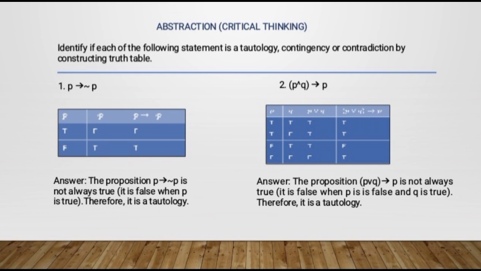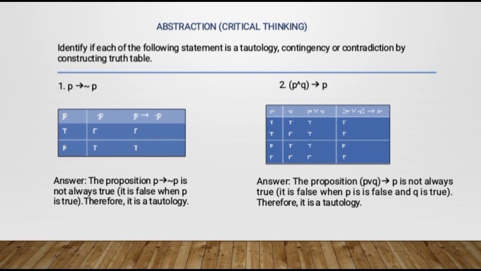Number 2. Open parenthesis P conjunction Q close parenthesis implies P. P: true, true, false, false. Q: true, false, true, false. P conjunction Q: true, false, false, false.